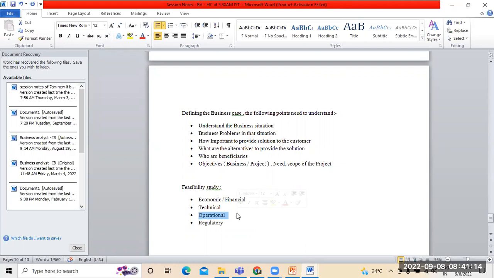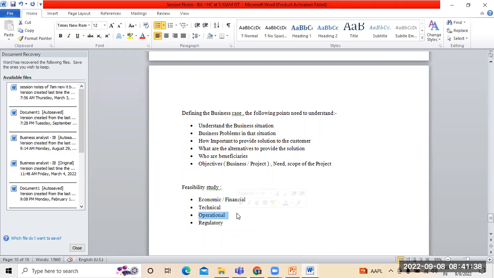Technical feasibility: what are the technical challenges we have and how to overcome them? Next, operational feasibility: what are the operational challenges and perceptions we have? Followed by regulatory feasibility: what regulatory standards, policies, and procedures do we require to follow? All these things come under the feasibility study part.